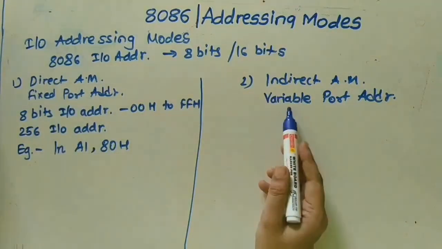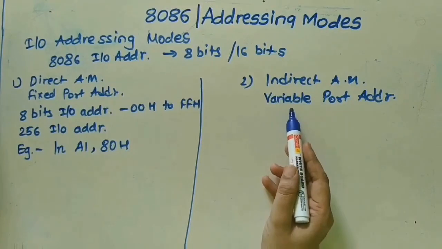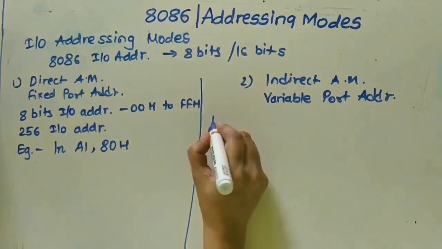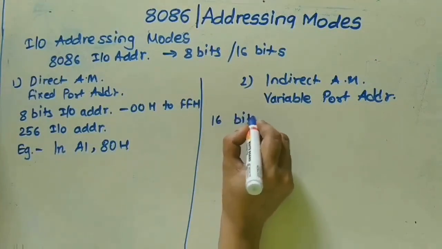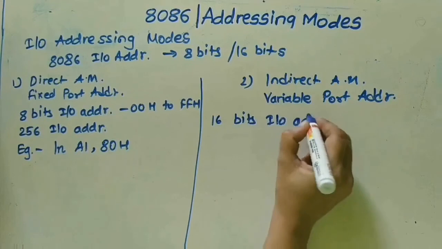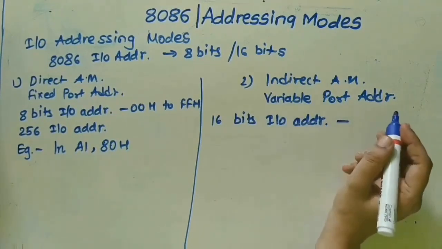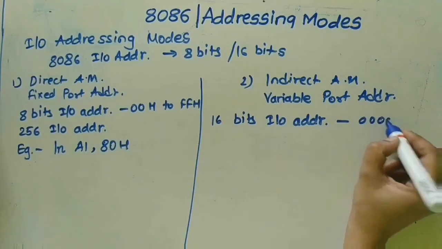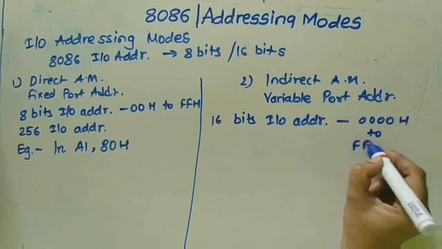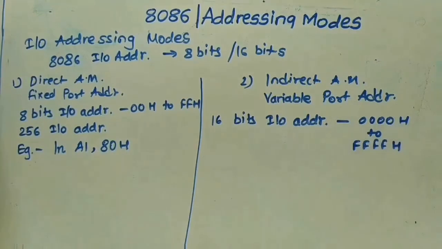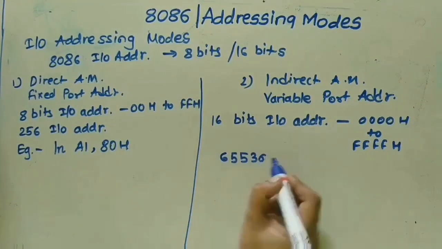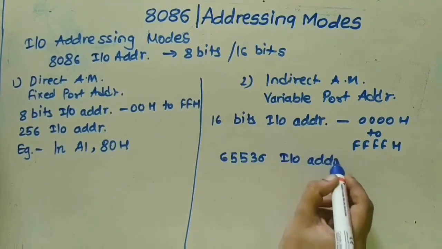The second one is indirect addressing mode or variable port addressing mode. Here 16-bit IO addresses are considered, and the range of IO addresses varies from 0000H to FFFFH, which gives a total of 65536 IO addresses.